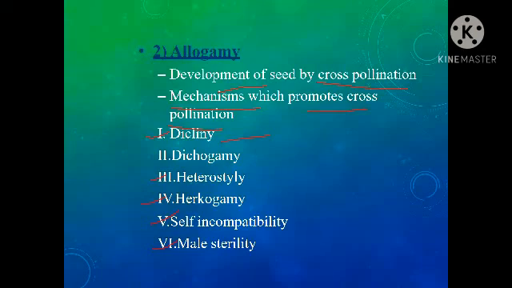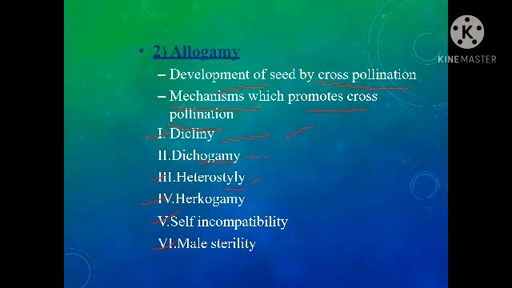Coming to dichogamy, the stamens and pistil of hermaphrodite flowers may mature at different times, therefore it facilitates cross-pollination. Coming to heterostyly, in such flowers the stigma and the anthers grow at different heights, which does not favor self-pollination.